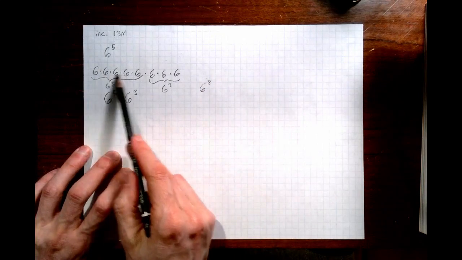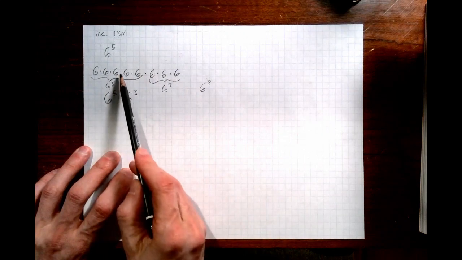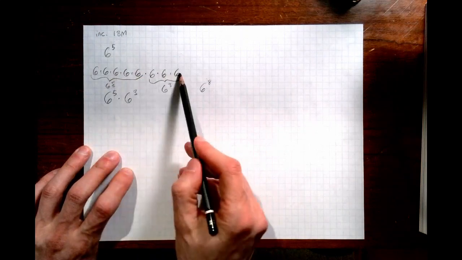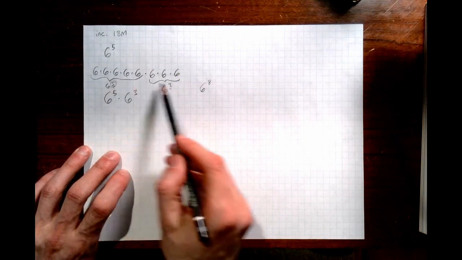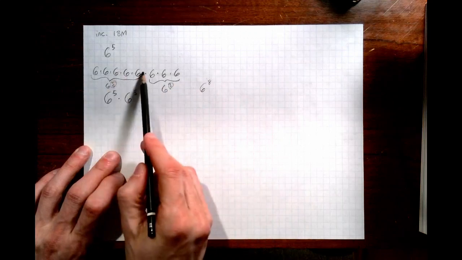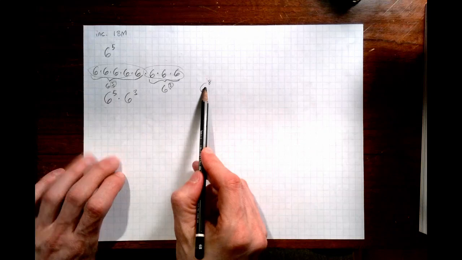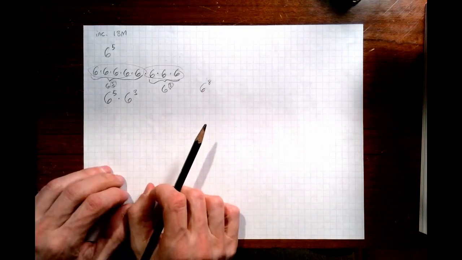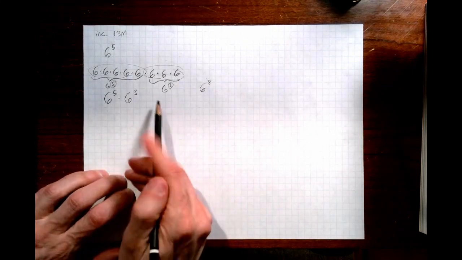Now, it's going to get old fast doing it this way, because I already know how many 6's are in this clump: 5. That's what this means. I already know how many 6's are in this clump: 3. So when I add these, I get 6 to the 8. We didn't have to look anything up in a book or find the chart of the laws of exponents.